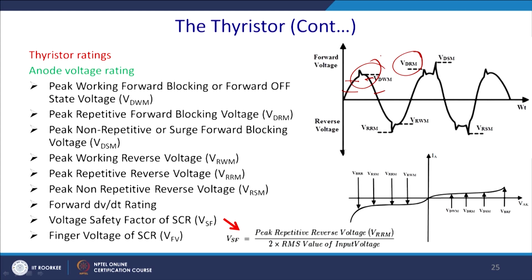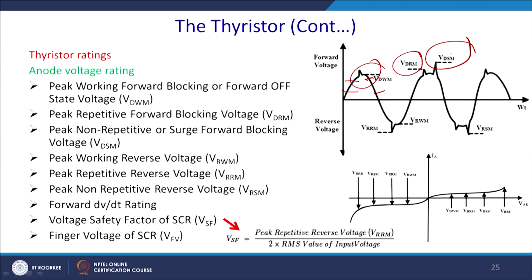Peak non-repetitive or surge blocking voltage: if all of a sudden a high voltage comes, that is said to be a surge, and it does not have a periodic occurrence. That voltage is VDSM, and the VDSM value will also be prescribed. Some notches may come maybe after 1 hour or 2 hours or even after a day.